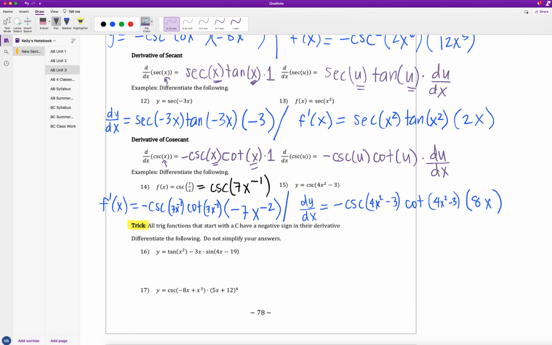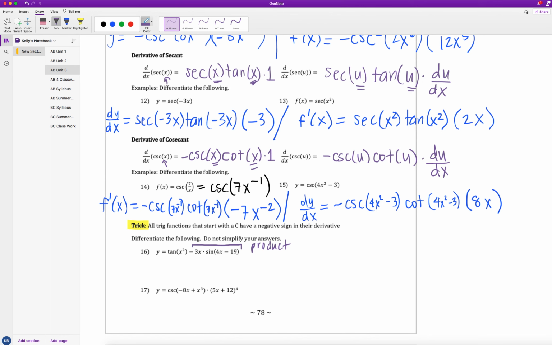So I have three functions. I have tangent of x squared, minus 3x times this sine function. I will have to use a product rule for the second half since I have 3x times the sine function, but the tangent of x squared is not going to be part of that product rule since it's tangent of x squared minus the product.